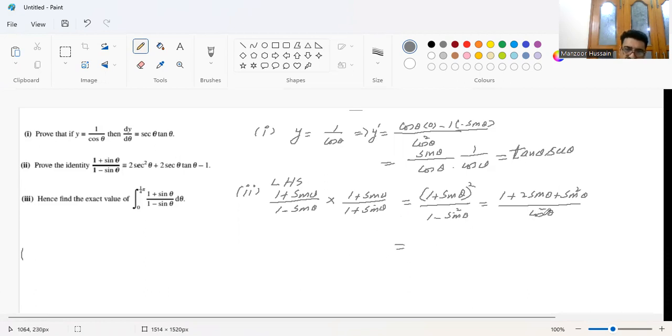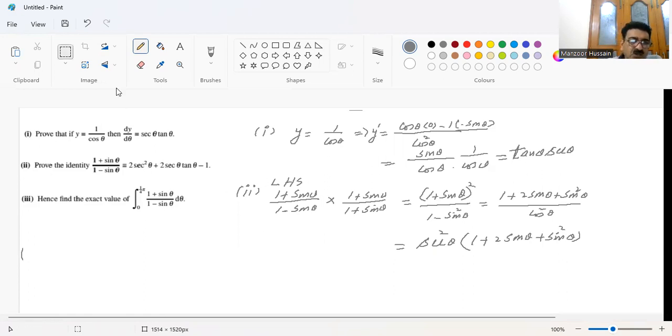We can take this cos in the numerator. I mean, 1 by cos square can be written as secant square. It can be written as secant square into this whole expression, 1 plus 2 sine of theta plus sine square. So that I get the secant square with it. It is my success. I created secant square because secant square is here. So I wanted to get secant square in any way.